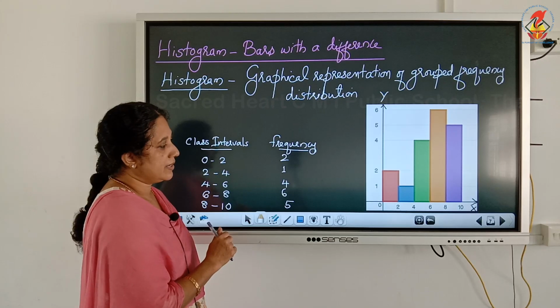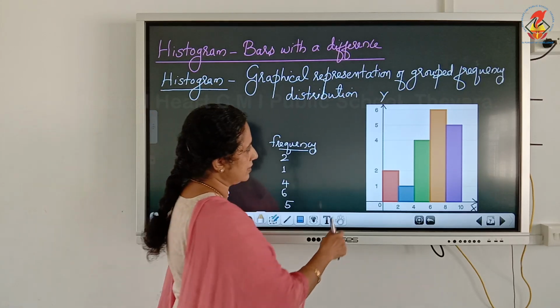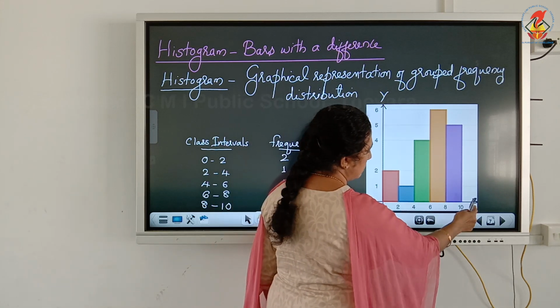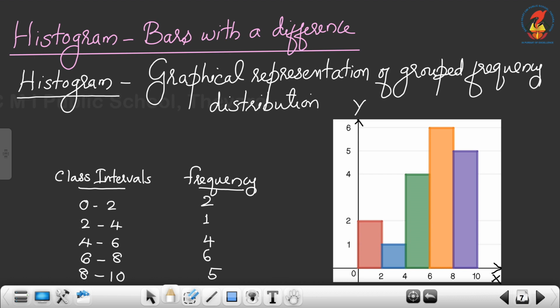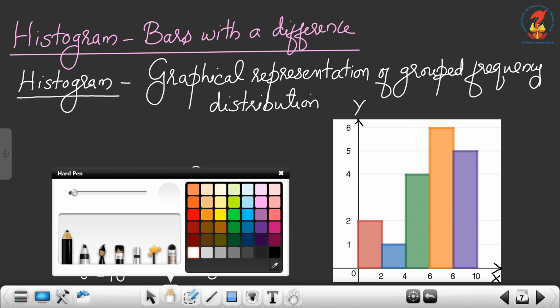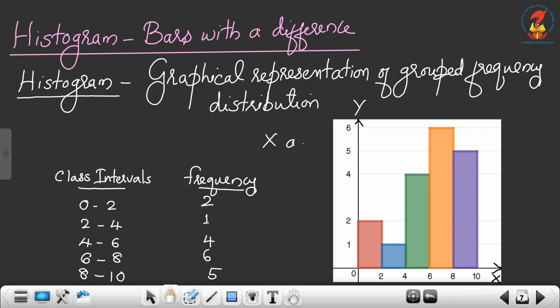Now in the graph, you can see that we have the axes. The horizontal line is known as the x-axis and the vertical line is known as the y-axis.